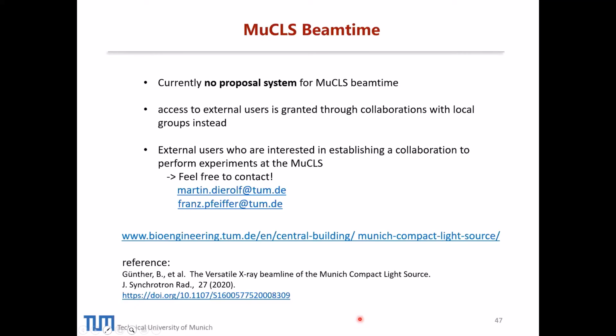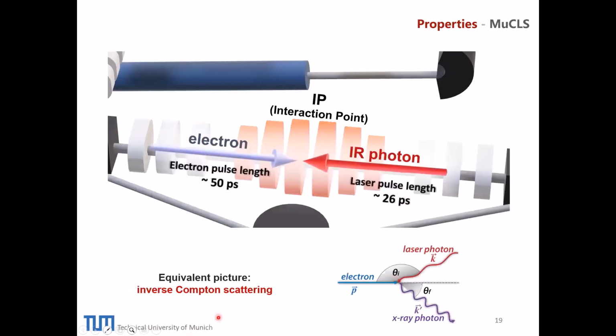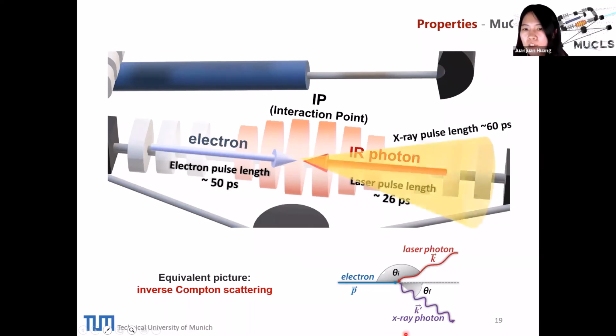Okay. So Yulia has a question or two. Yeah, hello, nice talk. I'm thinking in terms of time resolved experiments, and you said you can have 60 picosecond pulses. What is the rep rate, or what is the spacing between those pulses? Okay, for this inverse Compton scattering, there is a storage ring design, and also a linear design. With the storage ring design, we can reach a very high repetition rate, like 65 megahertz.